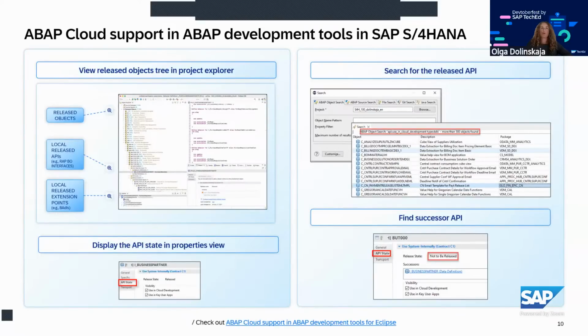So this is how you find the released APIs for usage in ABAP Cloud and ABAP development tools. In ABAP development tools for Eclipse, you have the Project Explorer view, and there you can set up your own virtual trees, your own views on the repository, and these views can depict only released APIs.